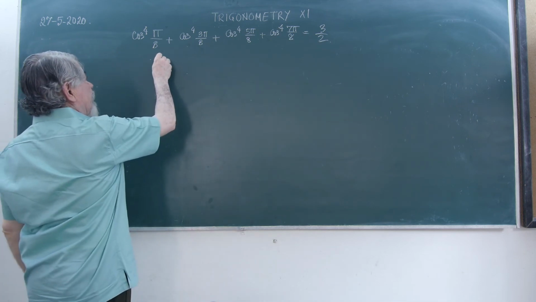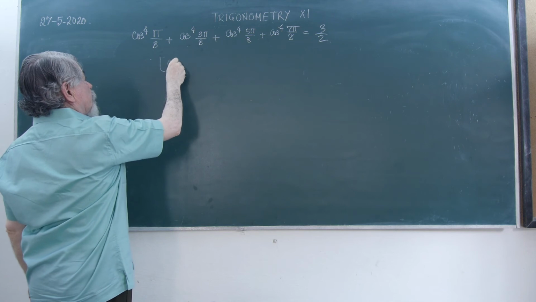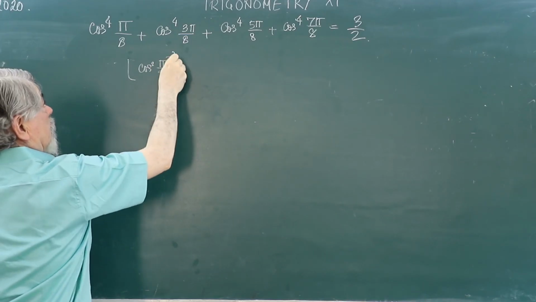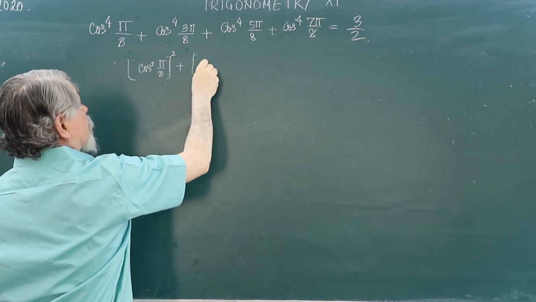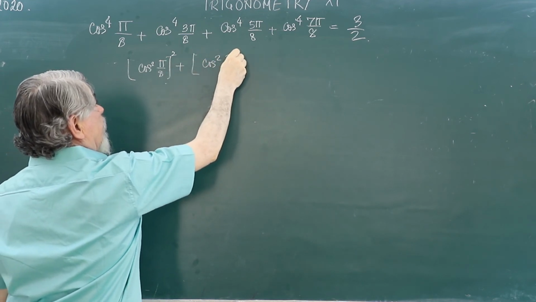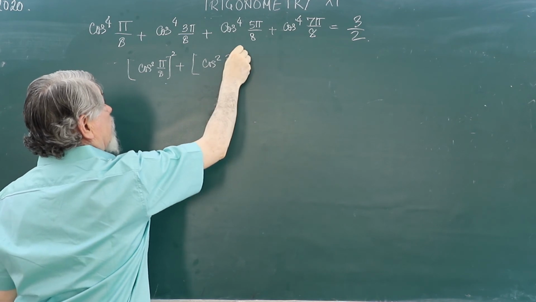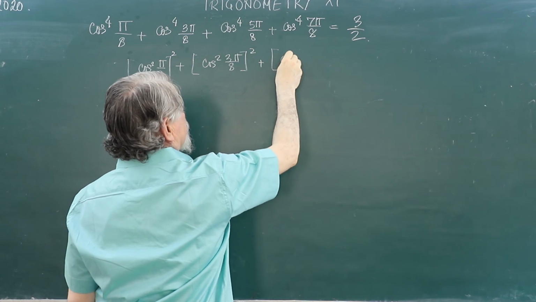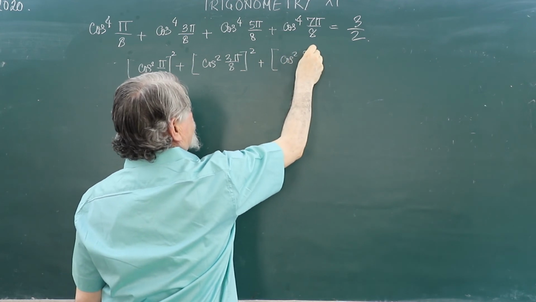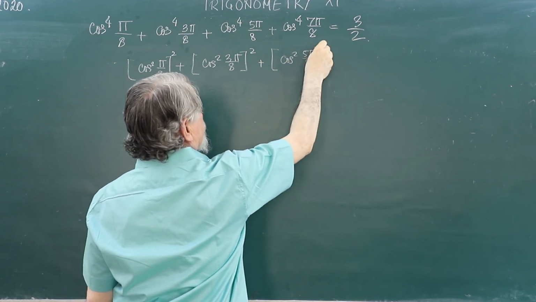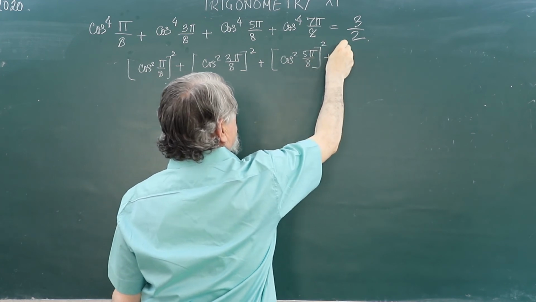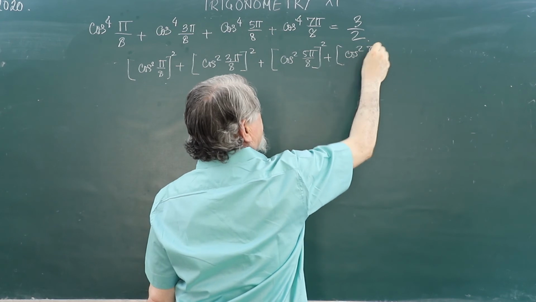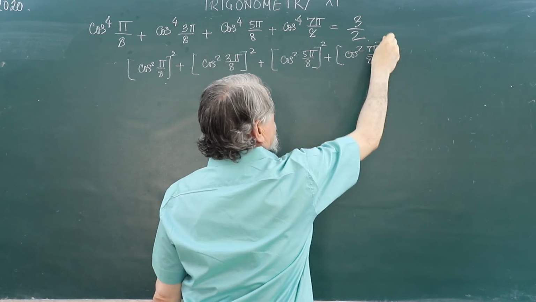First of all, I'll write them as cos square pi by 8 whole square plus cos square 3 pi by 8 whole square plus cos square 5 pi by 8 whole square plus cos square 7 pi by 8 whole square.